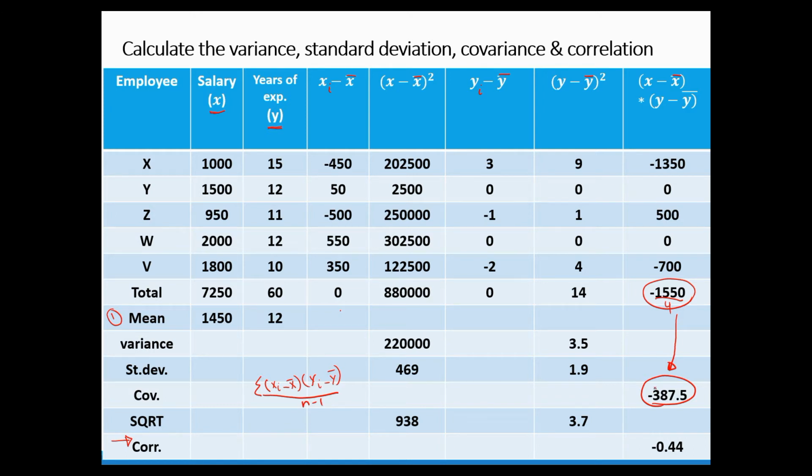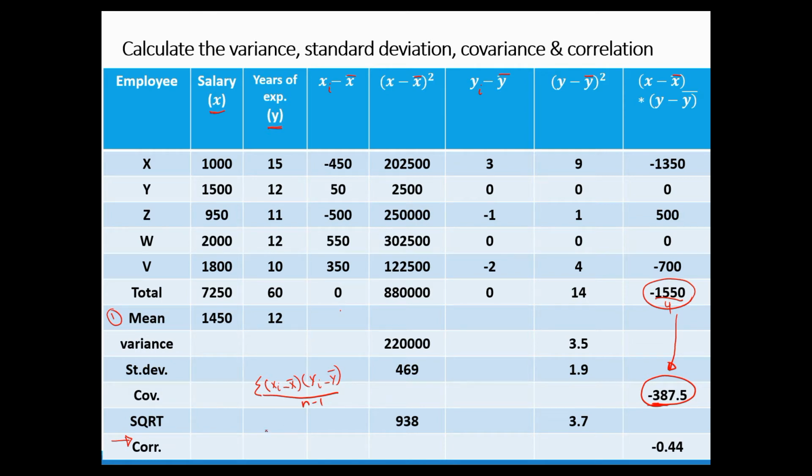But how strong is this relationship? Is it near to 0.5? Is it near to negative 1? To know this, we need to standardize the covariance, and the standardized measure of the covariance, as we said, is the correlation coefficient.